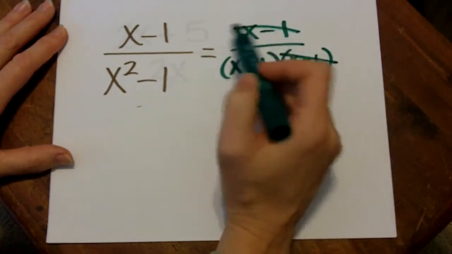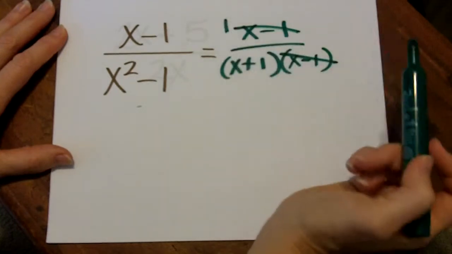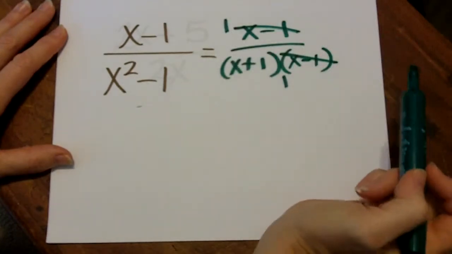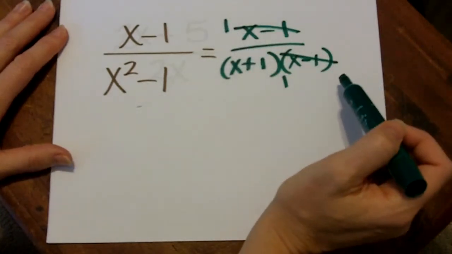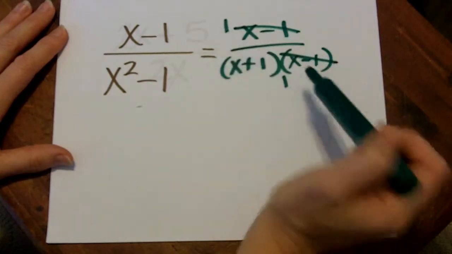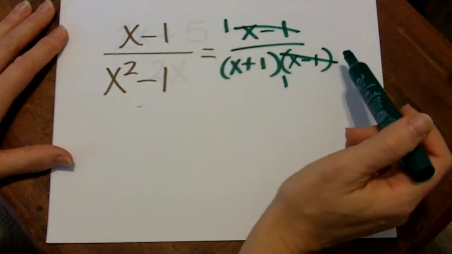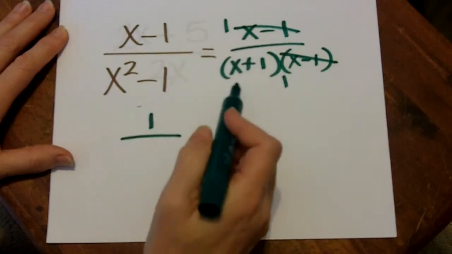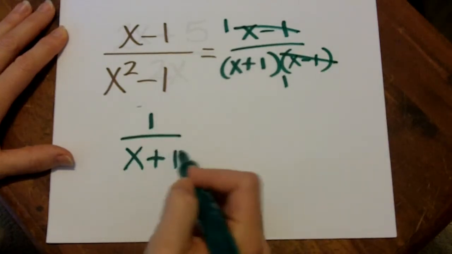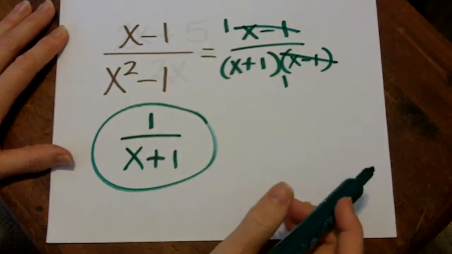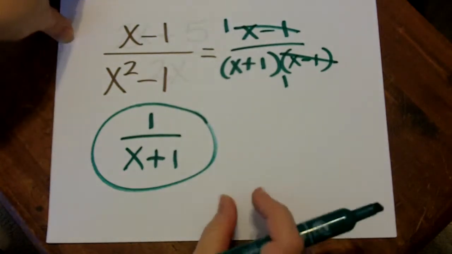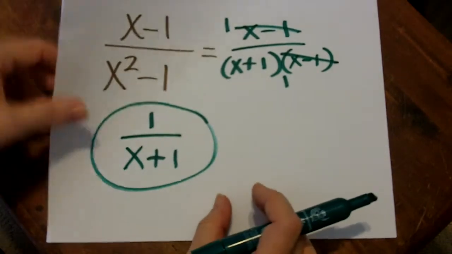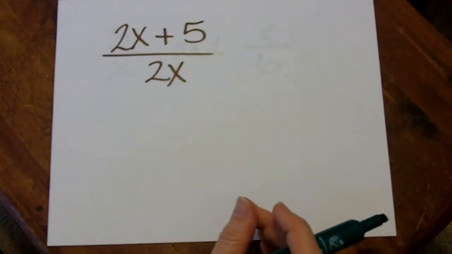Now, if you eliminate everything from the top, remember that you really, just like when you were cross-canceling in normal mathematics, you can put your little 1 there, okay? It's probably good practice to do so that you remember that your answer is 1 over x plus 1. And that is your answer in its simplest form. So that's what you're going to be doing, those kinds of things today as you deal with fractions.